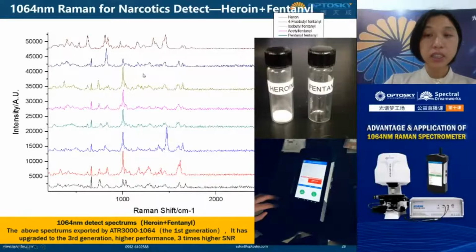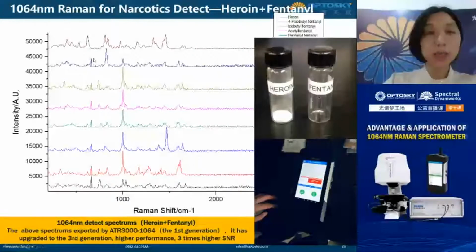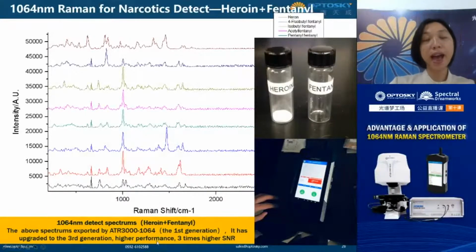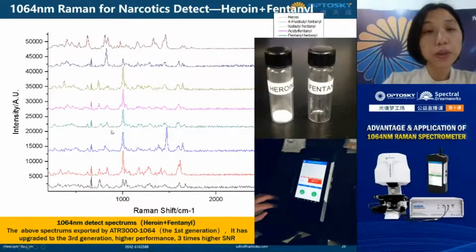You can see this 1064 nanometer detect spectrum, and the above spectrum exported by the ATR 301064, our first generation. It was already good, and now we have upgraded to the third generation, so performance is higher, with a 3 times higher signal-to-noise ratio.